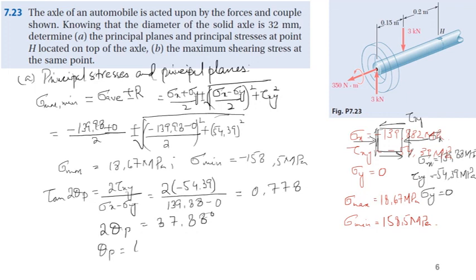First will be 18.9 degrees, and the second will be 108.9 degrees. A positive sign means I have to rotate in the counterclockwise direction. So if I rotate this in the counterclockwise direction, that will be theta p of 18.9 degrees.